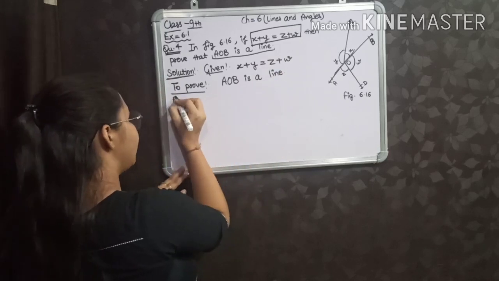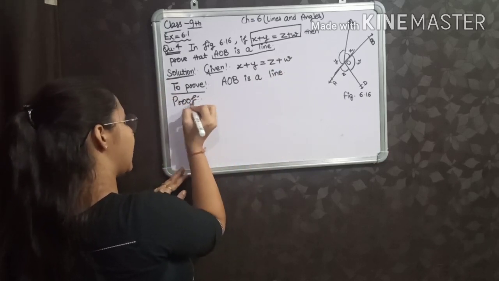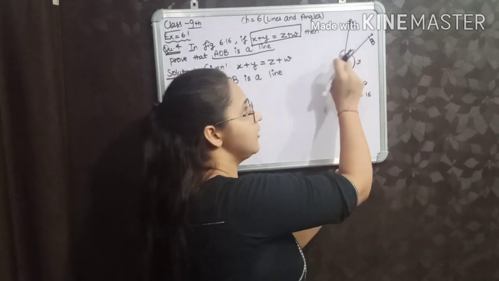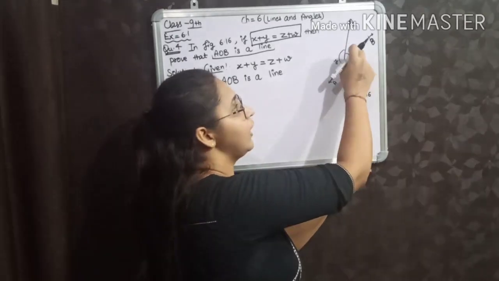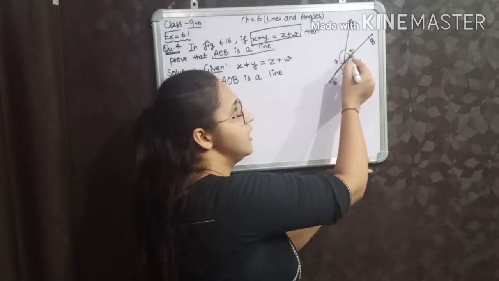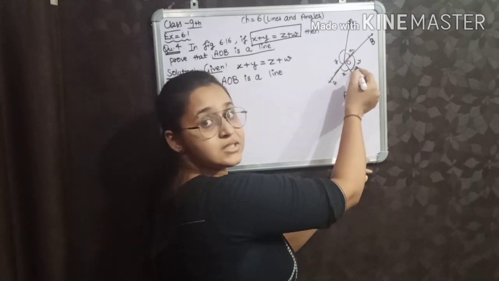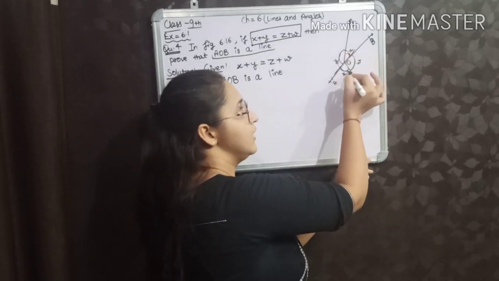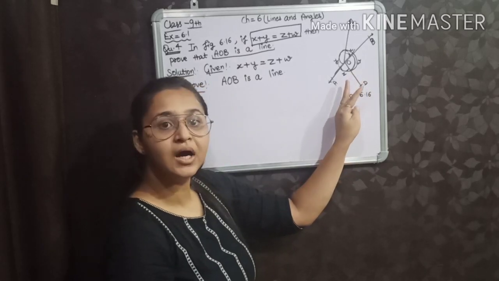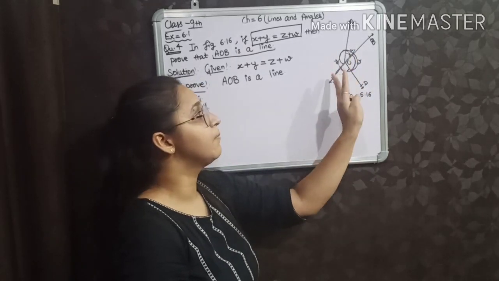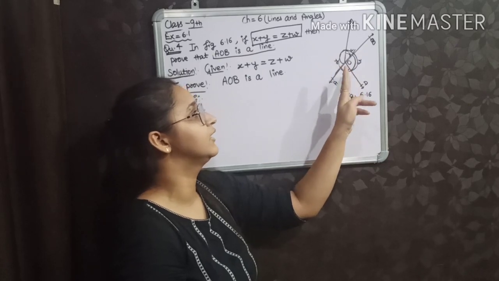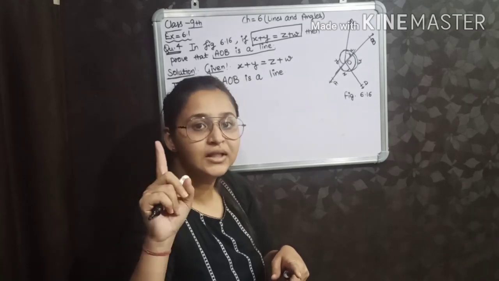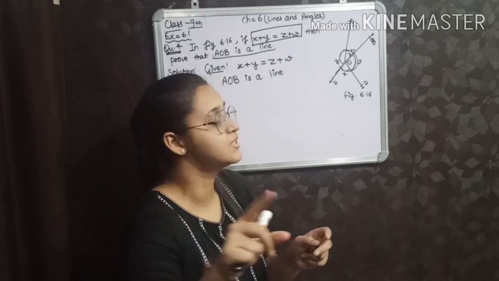Now how will we start? We will start with the proof. First of all, see that if I take the sum of these four angles, that is x plus y plus z plus w, if I am adding these four angles, x, y, z, w, this is making a complete circle, and you know very well that the measure of a complete angle is 360 degrees.